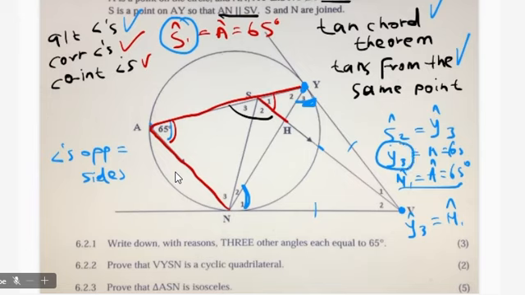Another one is S2. No, here I was supposed to say N3. So S2 is equal to N3 because of the alternating angles.